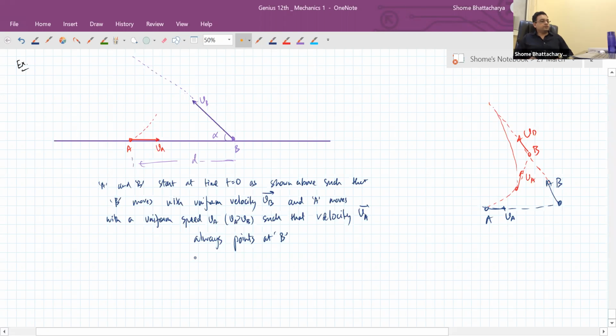So you have to find the time in terms of VA, VB, alpha, and D when A hits B. Okay, so this is the example problem of application of approach velocity concept, which I want you to try.